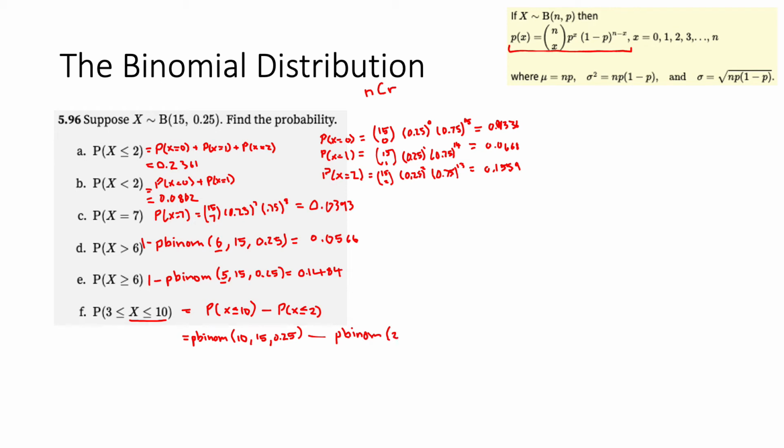We're going to put 2, 15, and 0.25. So this is something that you should definitely read the documentation of in R, so that you're really familiar with using these commands, because it'll save you a lot of time. It's going to be really good for the assignments because you're allowed to use R, and so that'll just kind of speed everything up.